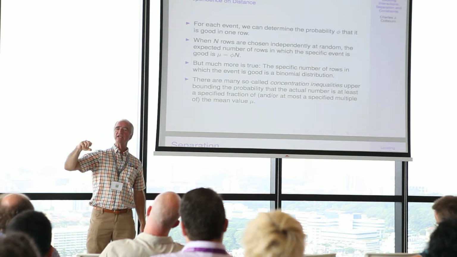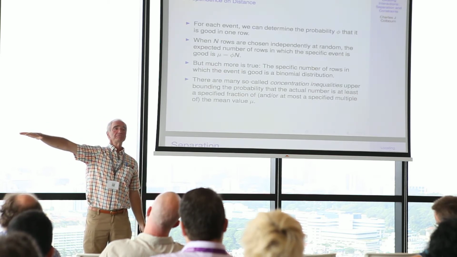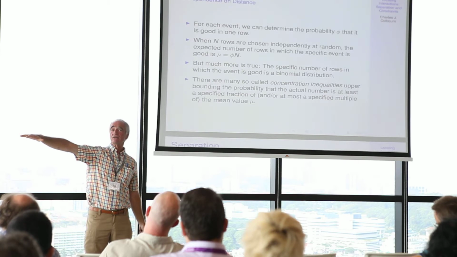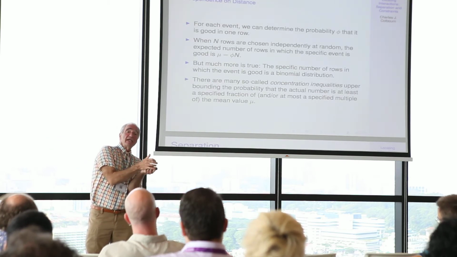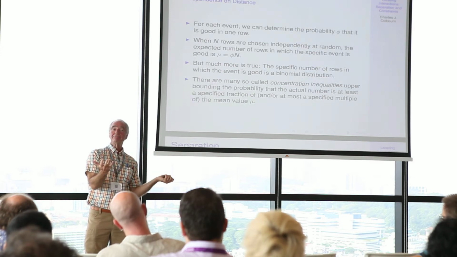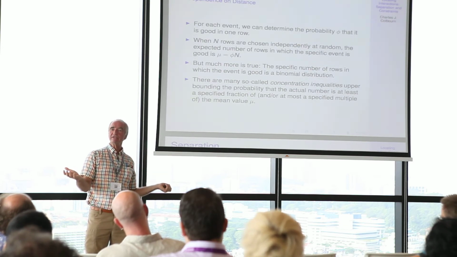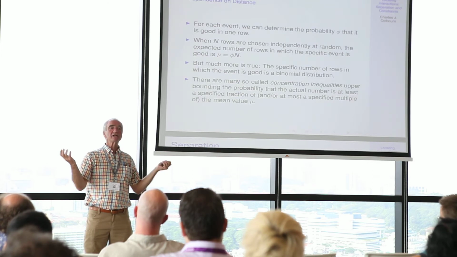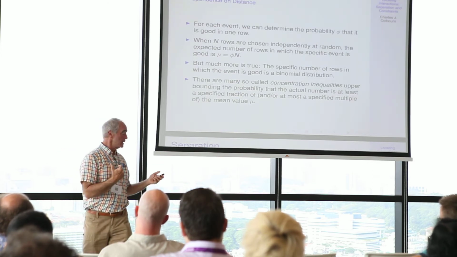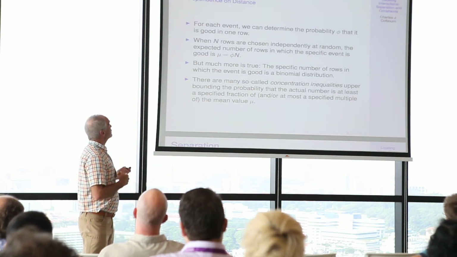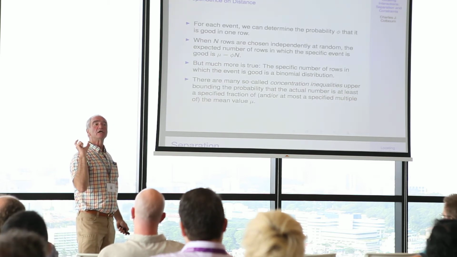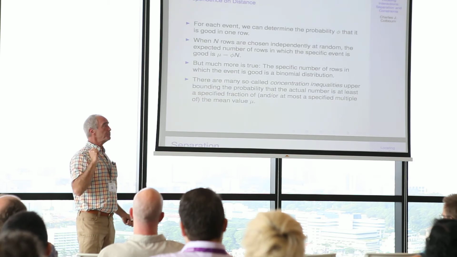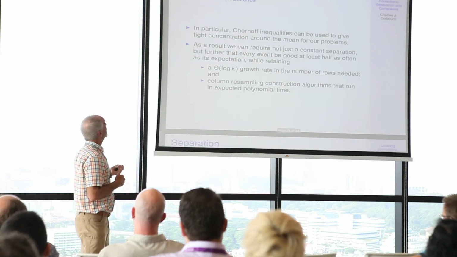Because if the expectation is that on average it is good 5 times, and I say it's at least half the expectation, it's going to have to be good at least 3 times to be good at least half of 5 times. And there are a lot of results on what are called concentration inequalities, to say how close things are expected to be to the mean.